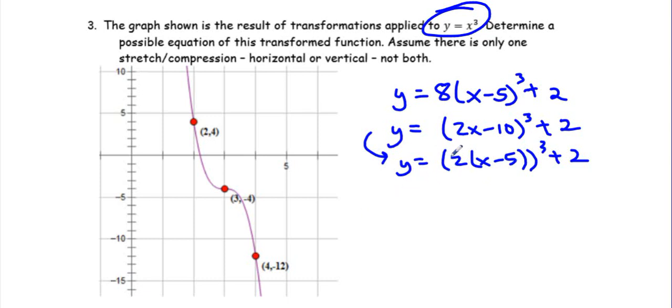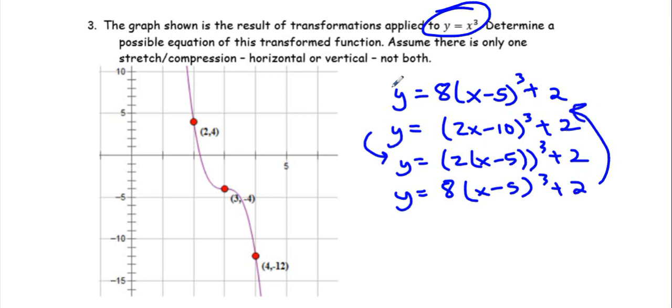So when we do that, if we wanted to take the 2 outside the brackets, we could do that. We just have to apply the 2 to the third power. So 2 to the 3, of course, is 8. That way we can take it out, and we end up with (x minus 5) cubed plus 2, which is our original.